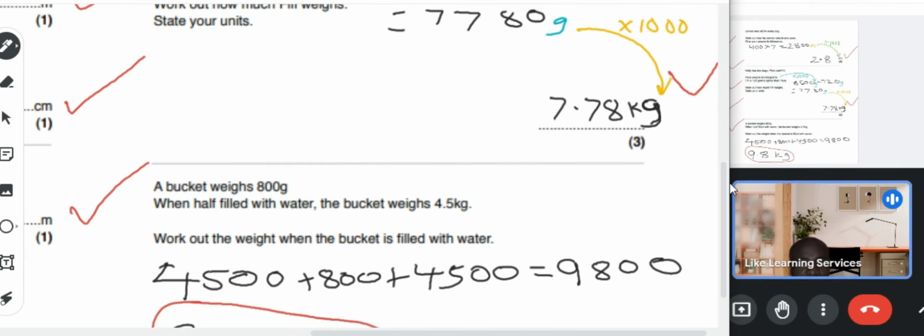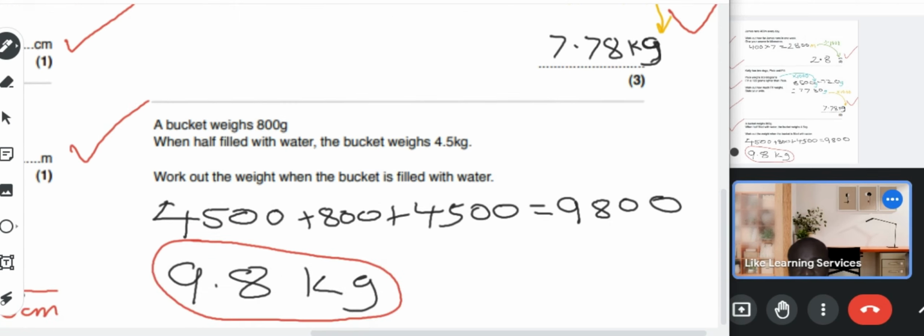Okay, and this one, it says a pocket weighs 800 grams. When half filled with water, the pocket weighs 4.5 kilograms. Work out the weight when the pocket is filled with water. Okay, let me see what you try to do. It weighs 800 grams without anything. When half filled with water, it weighs 4.5 kilograms.